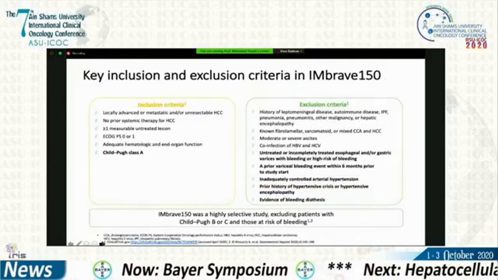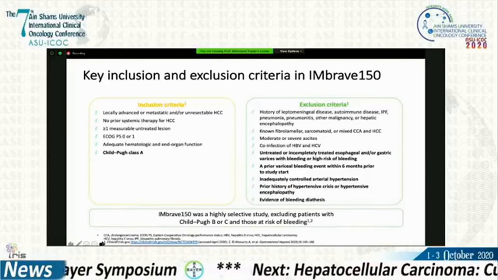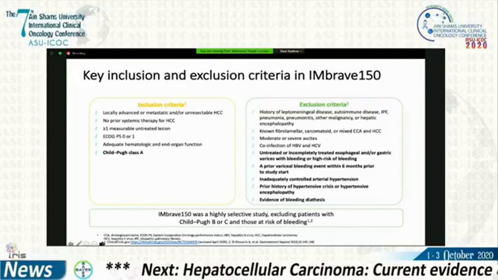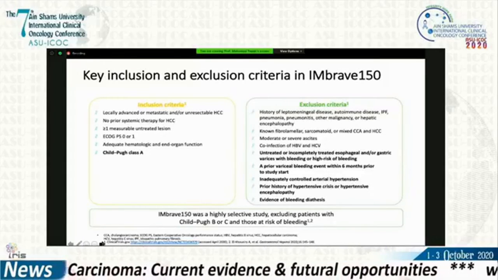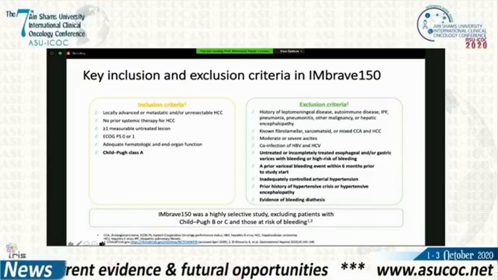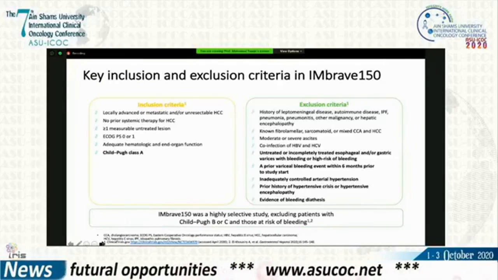The key inclusion criteria for IMbrave150 were locally advanced or metastatic unresectable HCC, no prior systemic therapy, one or more measurable untreated lesions, ECOG performance status 0 to 1, Child-Pugh class A, and adequate hematological and organ function.